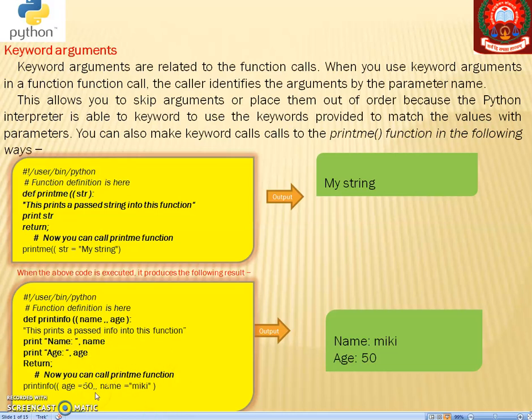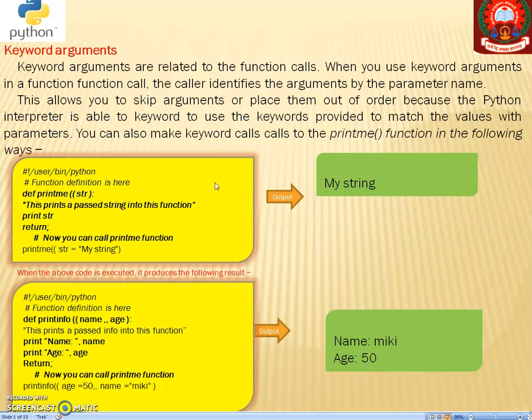It goes to the function, because name is Mickey, which will be stored in the variable name, and 50, the age value, will be stored in age. Here again brackets should be there. It will print in this sequence: name equal to Mickey and age equal to 50.